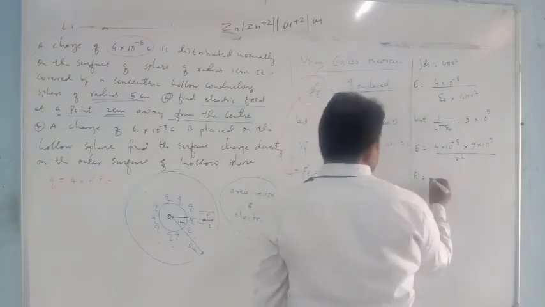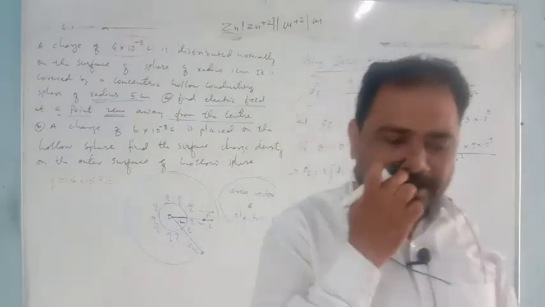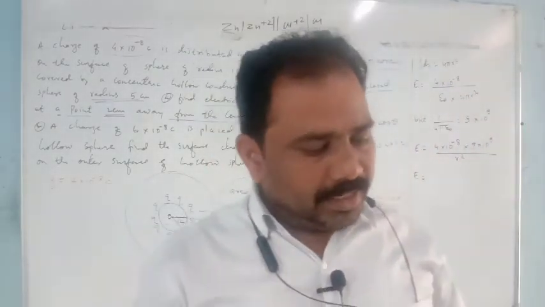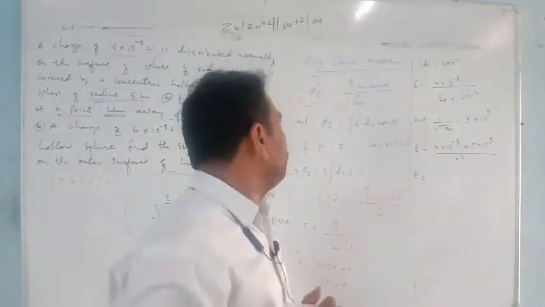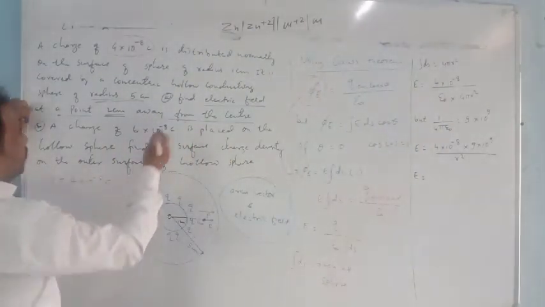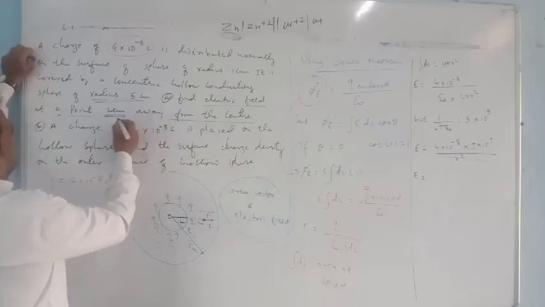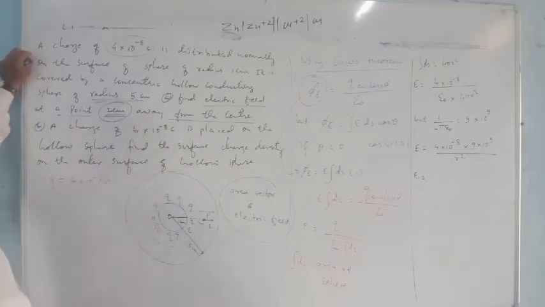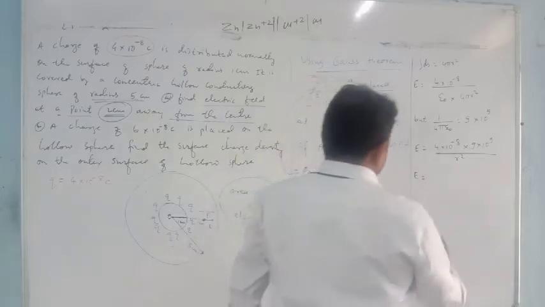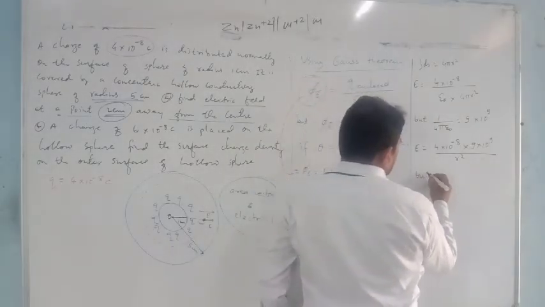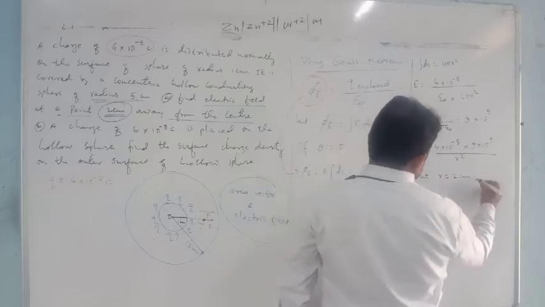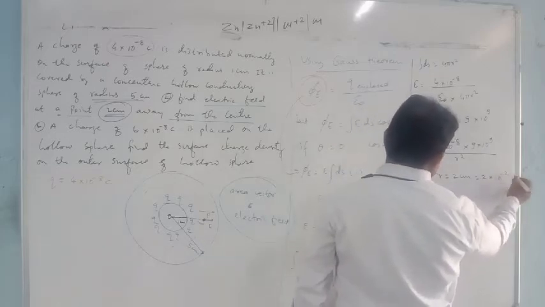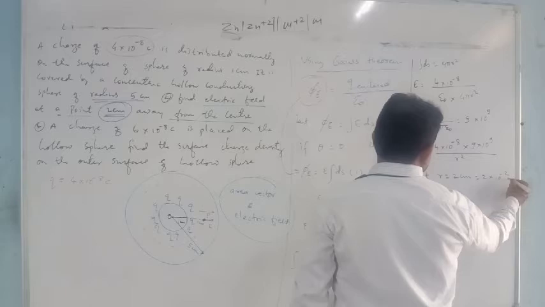So what is r? R is given, r is 2 centimeter. It is 2 centimeter away from the center. So 2 centi means what? 2 into 10 to the power minus 2 meter.